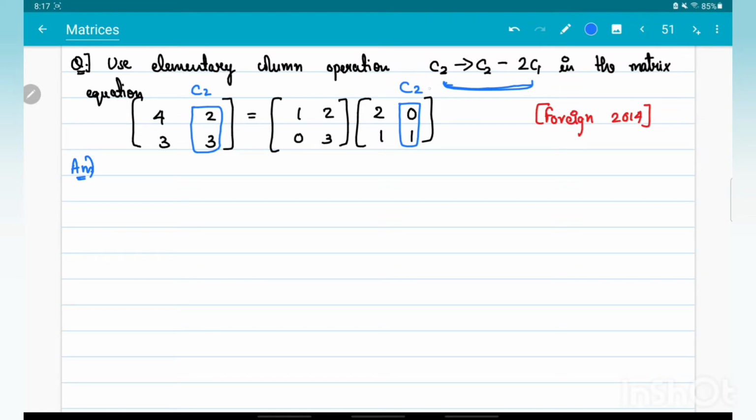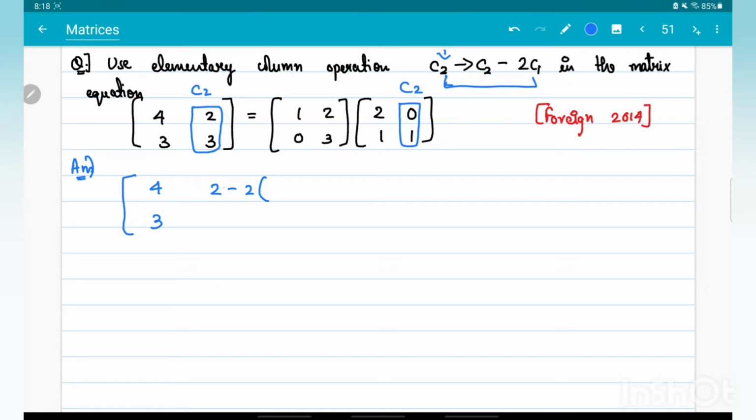I am applying the operation on the second column only, so I am going to subtract column 2 elements minus 2 times column 1 elements. The first column will remain as it is, and the second column will become the column 2 element, that is 2, minus 2 times the corresponding column 1 element. Just pay attention to this elementary operation, and the same you have to apply over here.